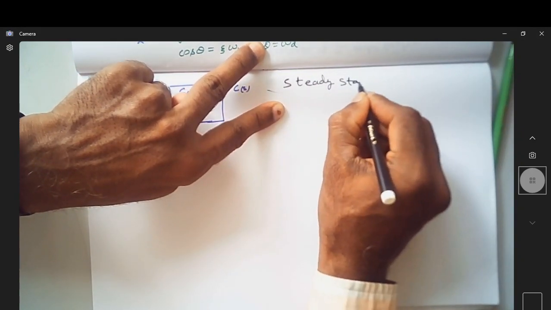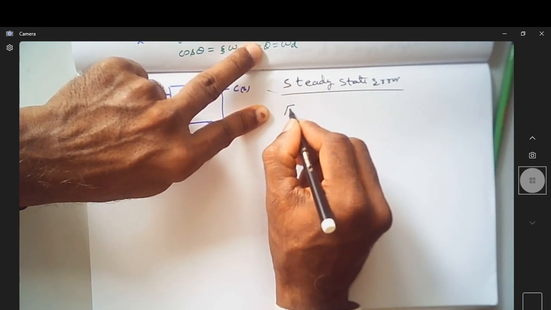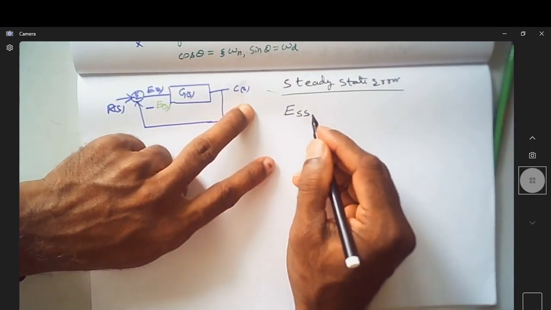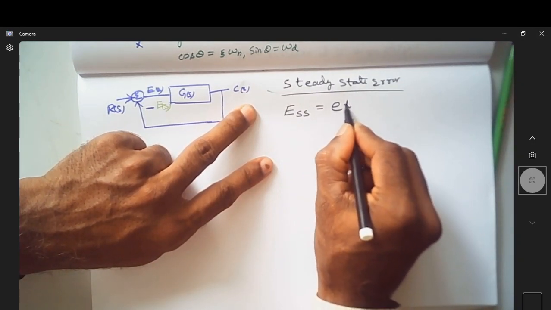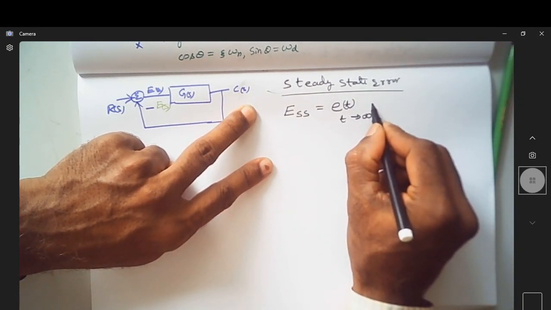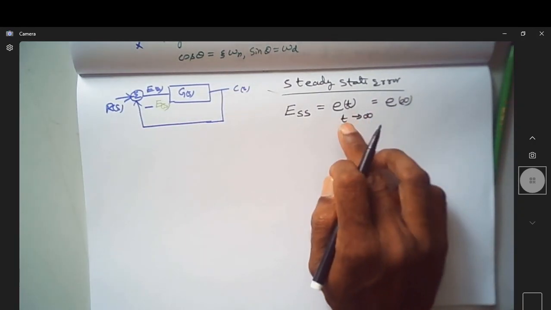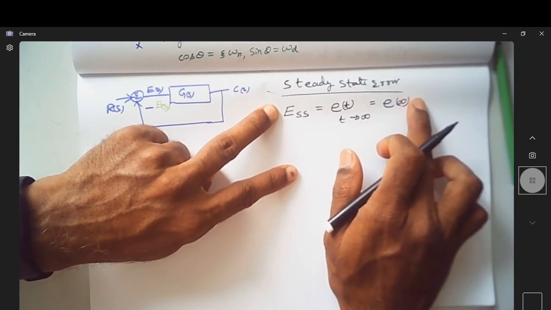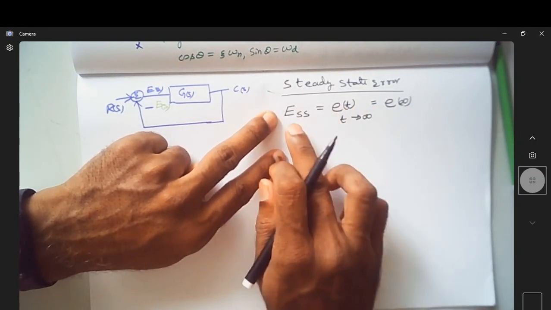It is an error signal in steady state, which is nothing but the error in time response as t tends to infinity, which we can write as e(infinity). Since t is tending to infinity, whatever the error is, I'll call it the steady state error.